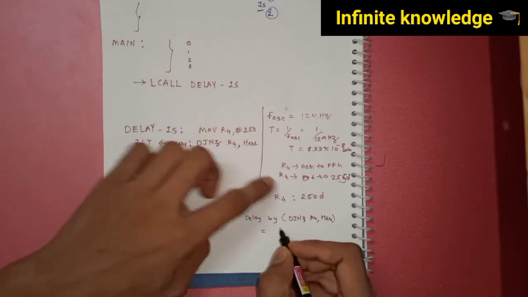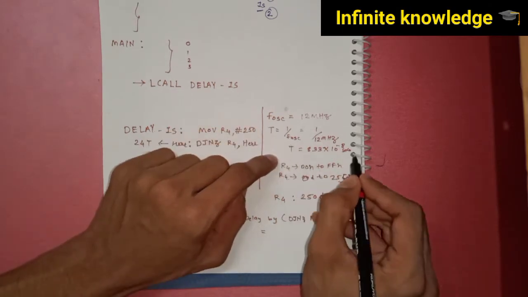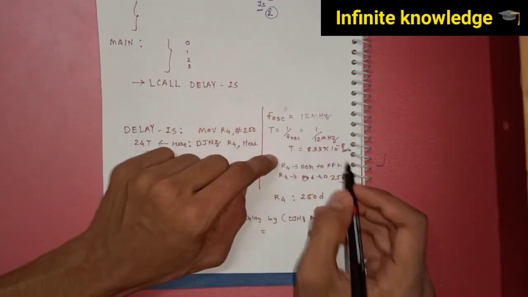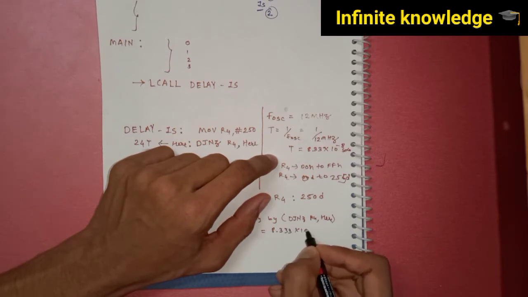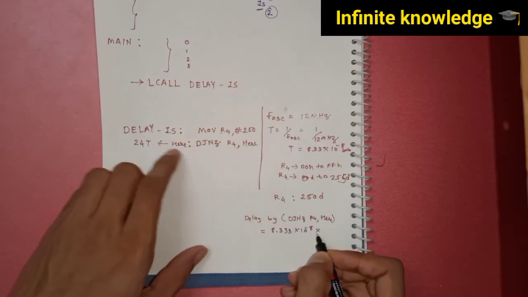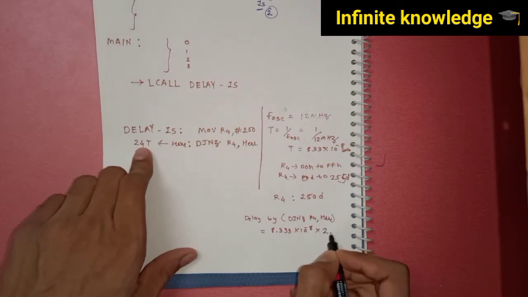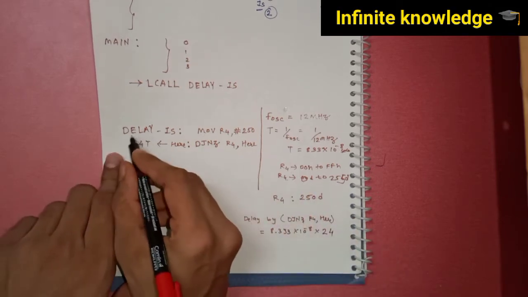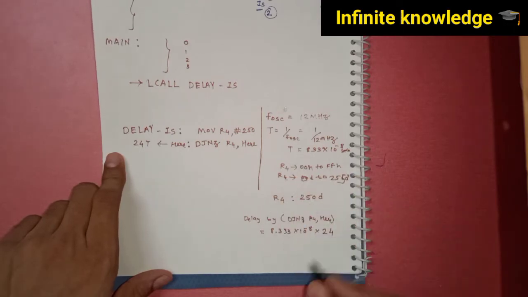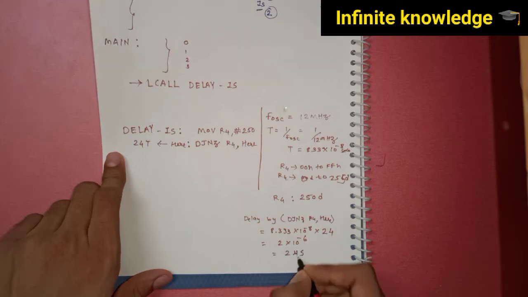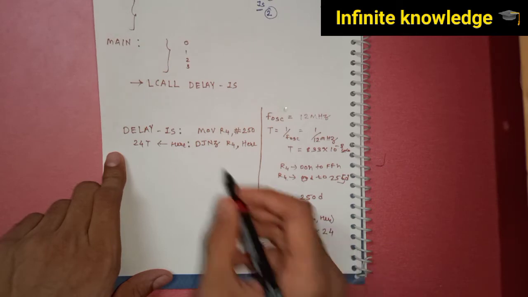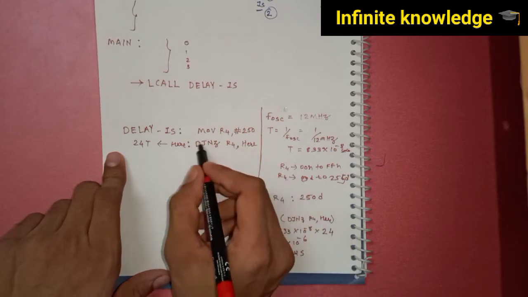You have to take 8.333 into 10 raised to minus 8, into 24 T state. You multiply this 24 T state by this T, and we get 2 into 10 raised to minus 6, and that is 2 microsecond. And this 2 microsecond is the delay generated by this one DJNZ instruction.